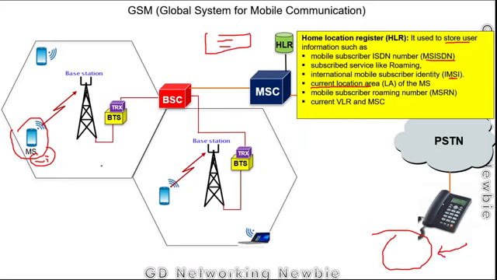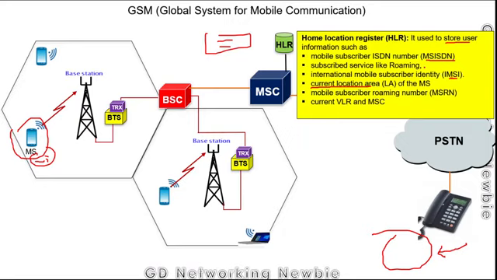So it also saves the information about the current location area, and also about the roaming number, the mobile subscriber roaming number. And also, if the user is somewhere else, then there is some other database which is the VLR, visitor location register. So that current VLR information is also saved in this HLR. So that's actually a database or some bookkeeping, some register there. So that register is saving all this information.